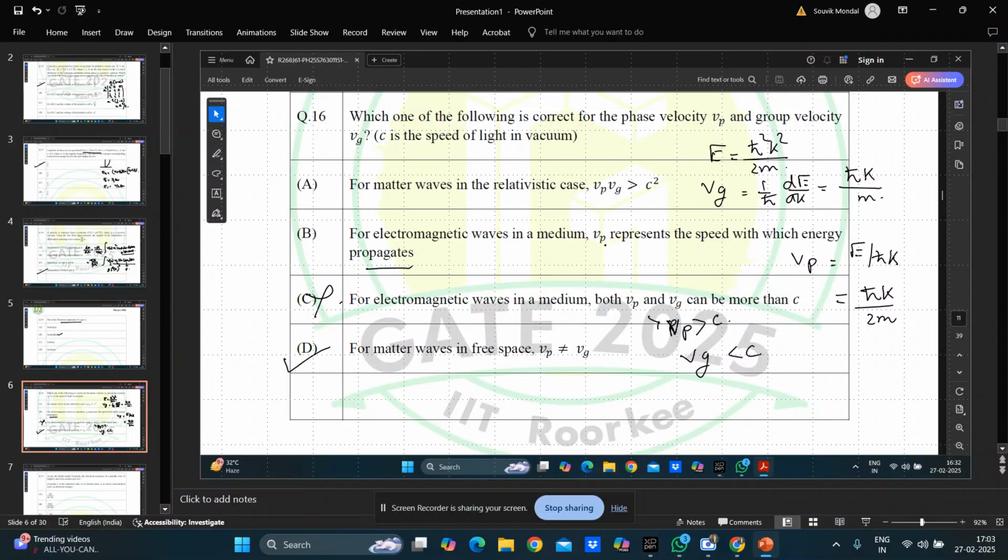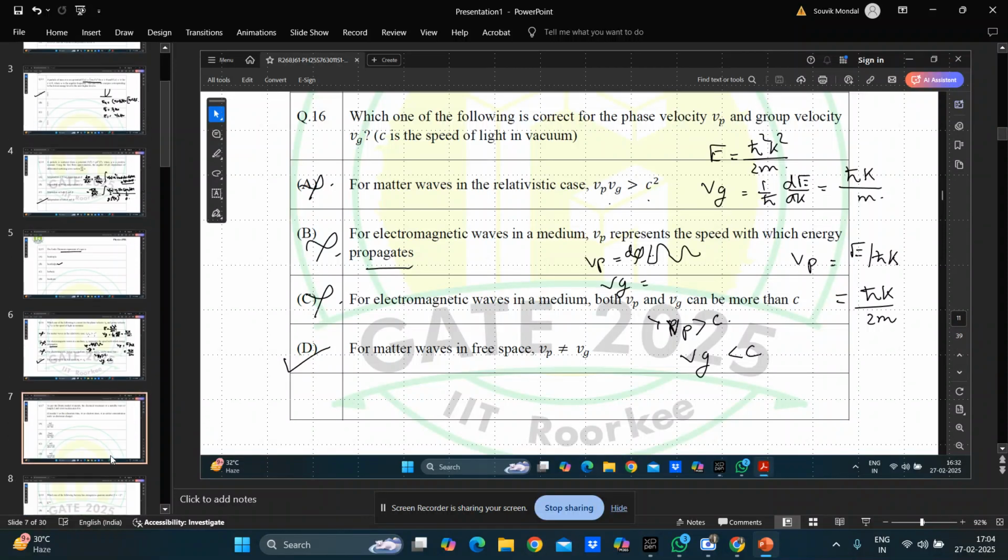No, Vp represents the phase propagation, the rate at which the phase is changing, and Vg is the rate of energy propagation. So this will be wrong. And for matter waves, is Vg times Vp greater than c²? No, they both are less than c for matter waves. They can't be greater than c². So this is also not correct.